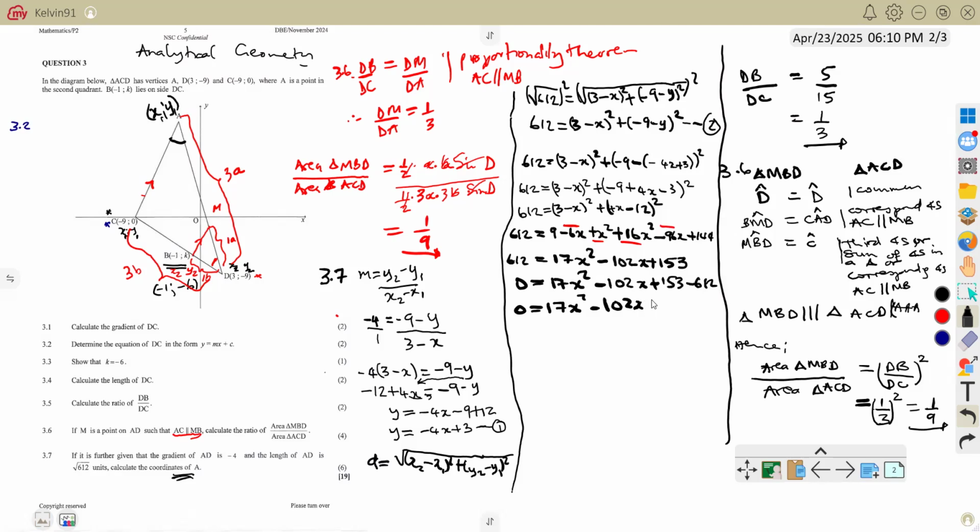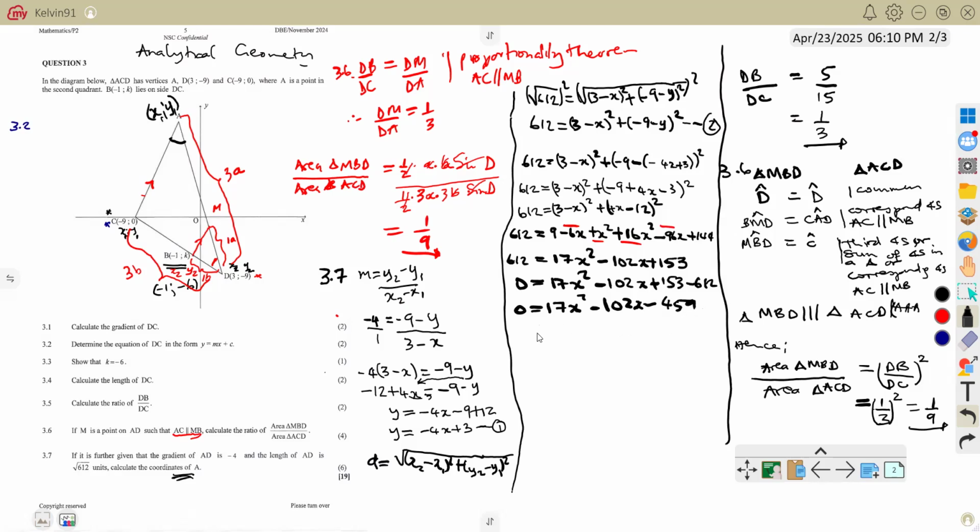Then you have to simplify 153 minus 612, which is equal to minus 459. Yeah, minus 459. This is a quadratic equation.